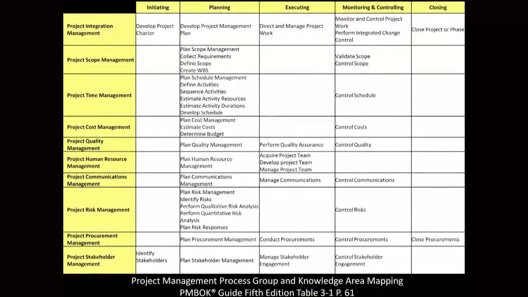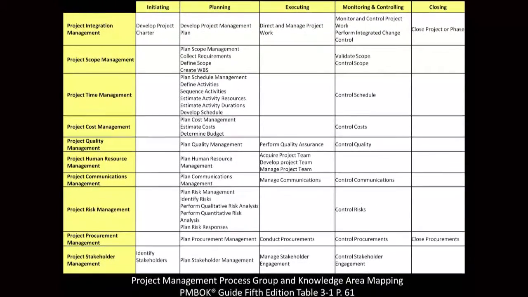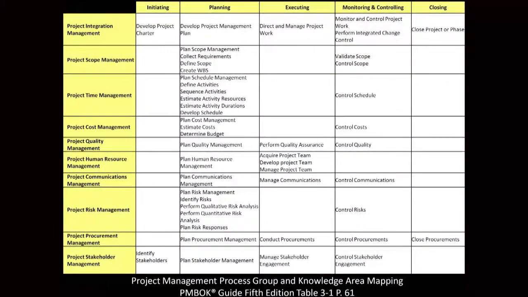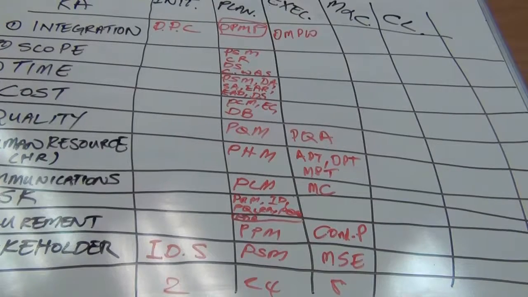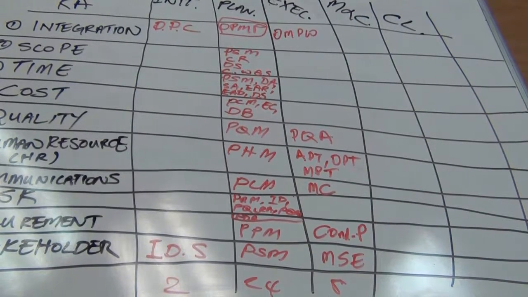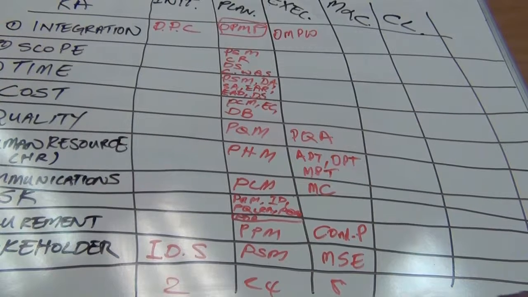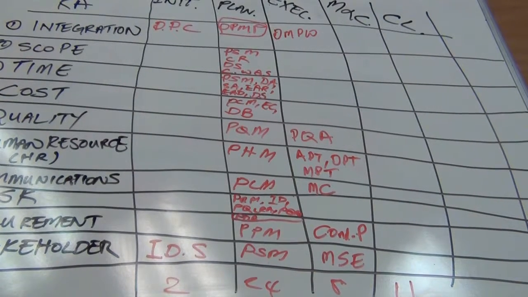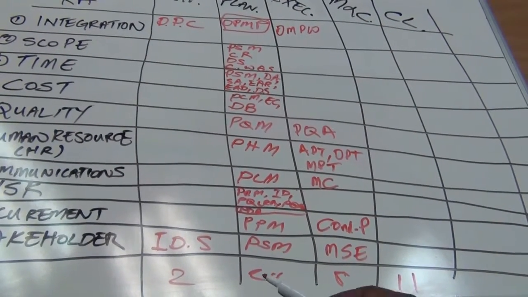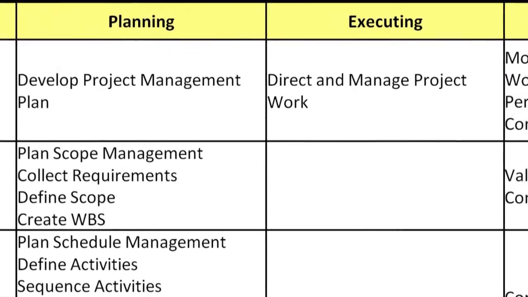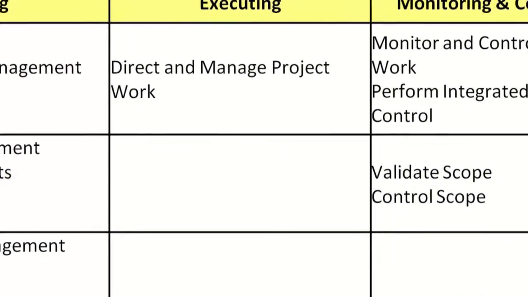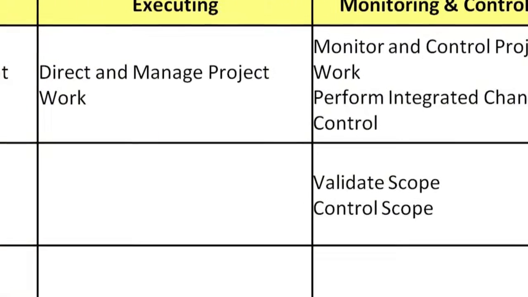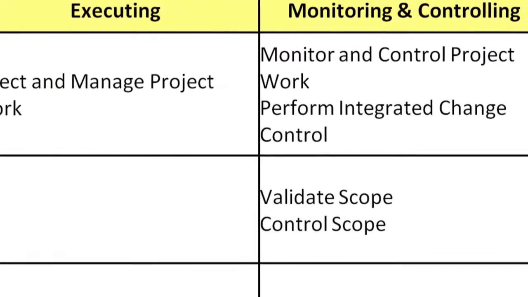So remember, we have 2 in initiating, 24 in planning, 8 in executing, and we are going to see 11 in monitoring and controlling. When you add them up, you've got 2 plus 24, 26, 34, 45. So it means that once we get done with monitoring and controlling, we only have 2 left in closing.